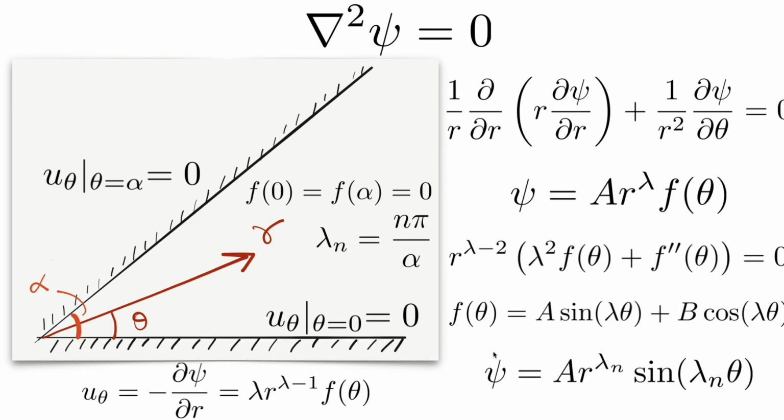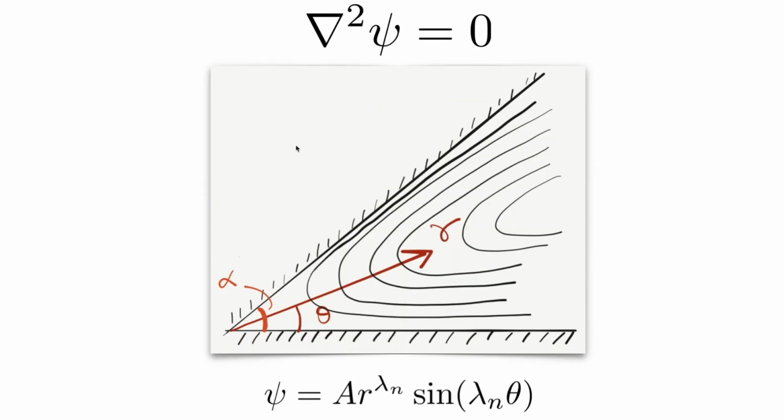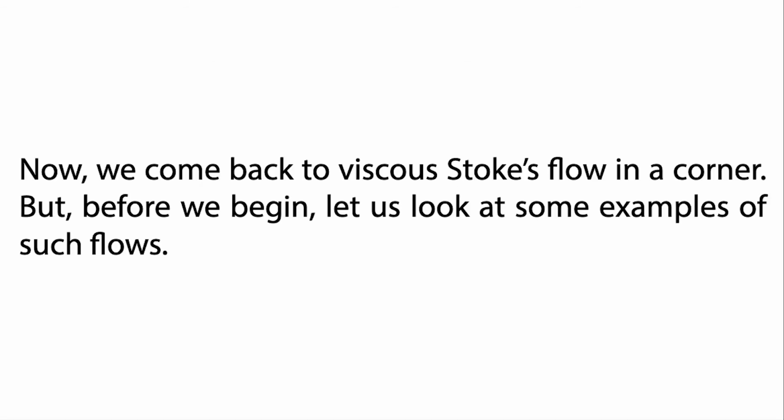And then what we end up getting, after applying the boundary conditions, of course, is that psi is equal to A r to the power lambda n sine lambda n theta, where A is simply the magnitude of this psi function. And then we get a flow situation which looks like this. So the streamlines of this flow look like this. So this was the solution of a second order partial differential equation, that is Laplace of psi equals 0.